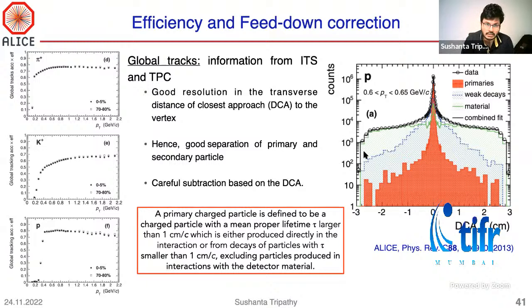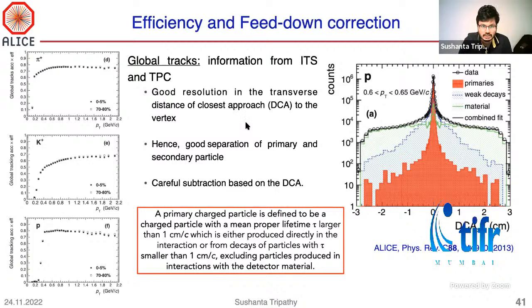You have to correct the final measurement for the detector efficiency and acceptance, as well as for feed-down correction. In most of the analyses we use global tracks, where the information from ITS and TPC is included, and for particle identification we use other detectors like the time-of-flight detector.